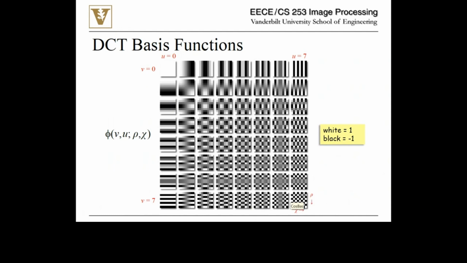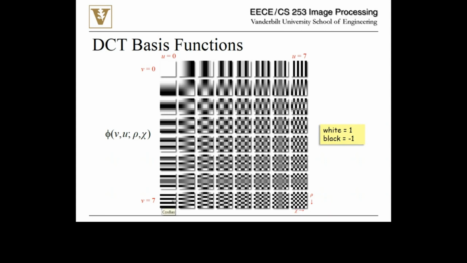So 7 in both directions is the fastest oscillation you can have. Here you have this checkered board pattern. It is the fastest oscillation you can have. And in the same way, in each one of the directions, these are the fastest bars that you can have, vertical bars and horizontal bars.